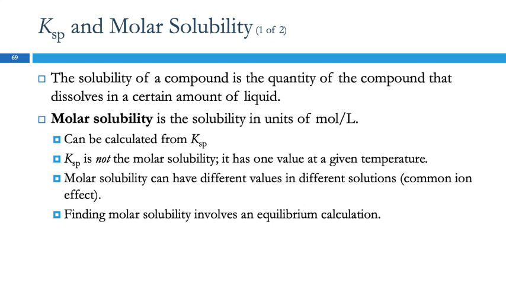So solubility describes how much of that compound dissolves in a certain amount of liquid. And if we talk about molar solubility, we're going to look at the solubility in units of moles per liter, so the molarity of the solution. We can calculate that from the KSP.